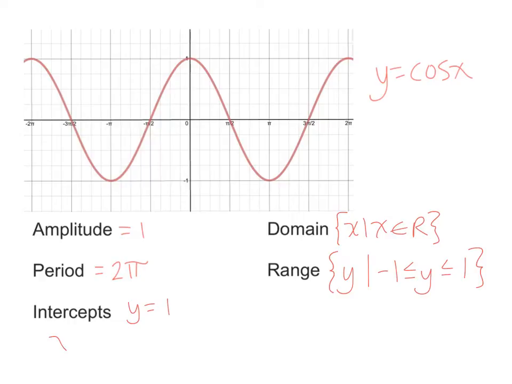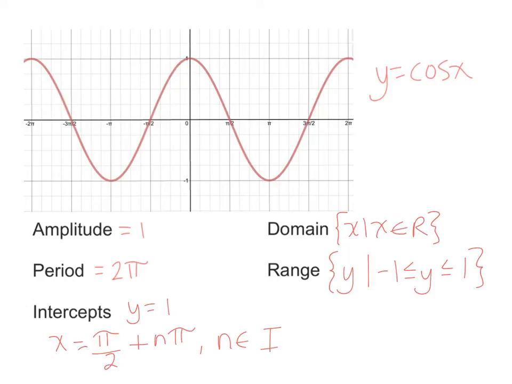Pi over 2, 3 pi over 2, negative pi over 2, negative 3 pi over 2. So we're going to say it's pi over 2 plus n pi, or pi n, where n is an integer, or you could say n is a natural number and then you need plus or minus n pi, whichever way you'd rather do it.